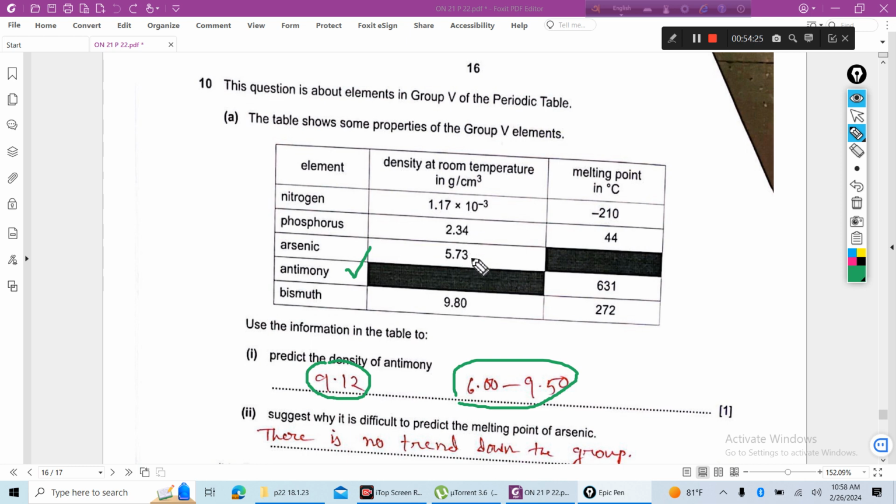These are increasing, so what is the difference? 5.73 minus 2, the difference is 3.39.